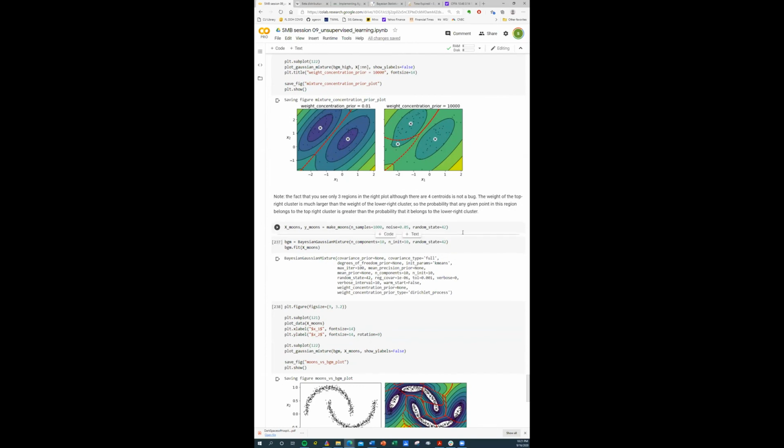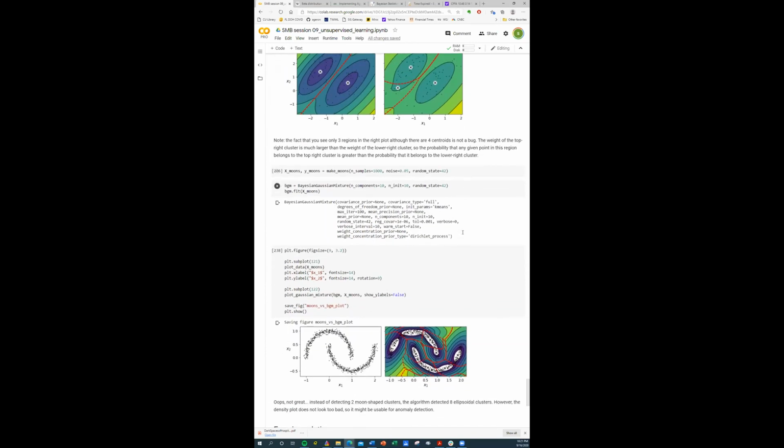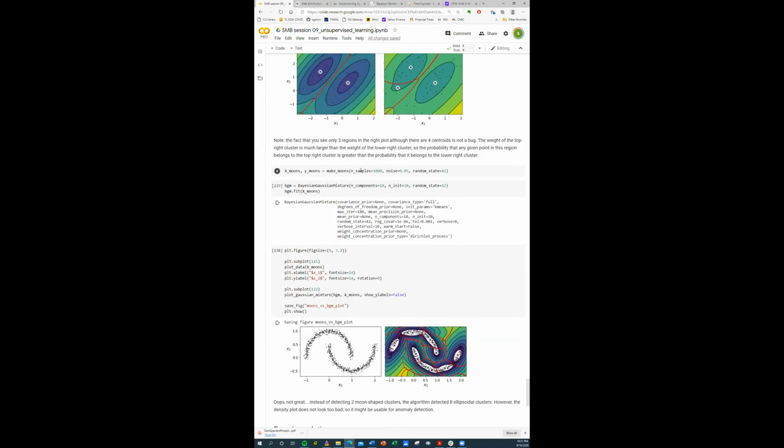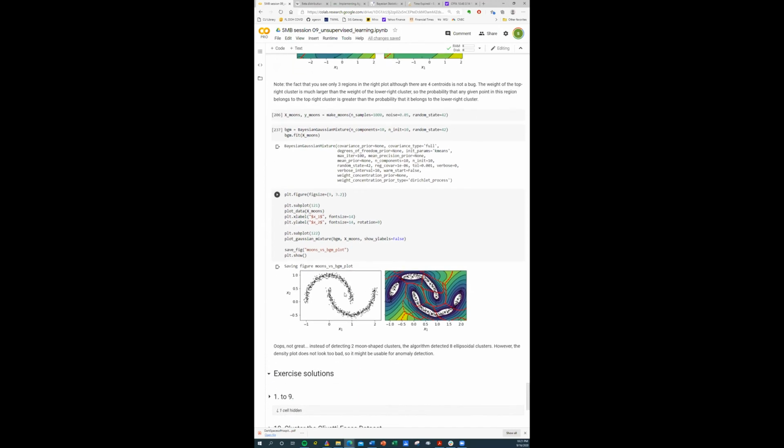He gives another example, which is kind of cool, and I've done a little other stuff with it too. I'll show you. With the moons, he says, well, okay, we're going to try to give it something that doesn't work on it. So we use a Bayesian Gaussian mixture to fit the moons. We're using 10 components and an init of 10 with our normal random state. And we're going to fit it, and we're going to plot our figures.